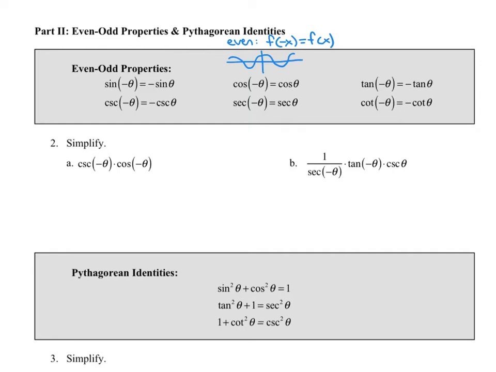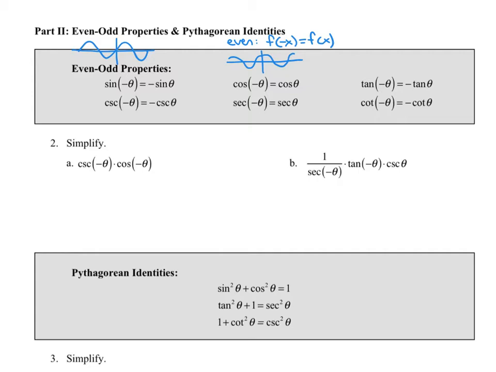The other 4 trig functions are all odd functions. So if you picture, for example, sine theta, it looks like this. And if you remember, an odd function is a function that is symmetric about the origin. If you rotated it 180 degrees, it would look the same.